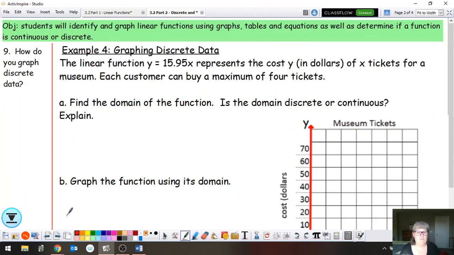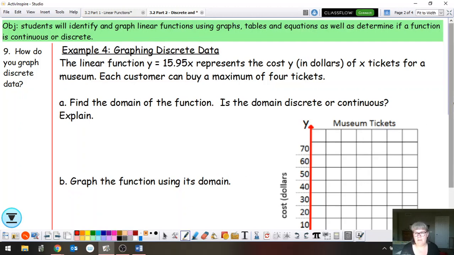We have a linear function, y equals 15.95x, represents the cost y in dollars of x tickets for a museum. Each customer can buy a maximum of 4 tickets. Find the domain of the function. Is the domain discrete or continuous? Explain.